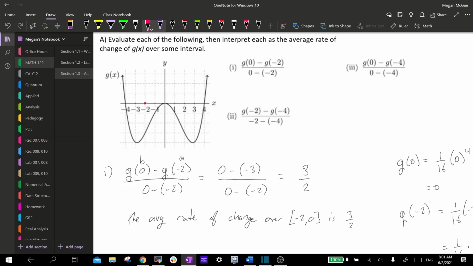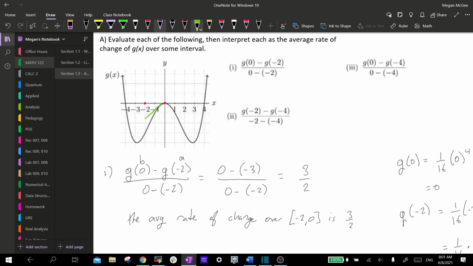And we found our average rate of change to be 3/2, which is positive. And that makes sense since our function here is only increasing on this interval. All right, so if we want to draw a line on this interval with a rough slope of 3/2, we could say it looks something like this.